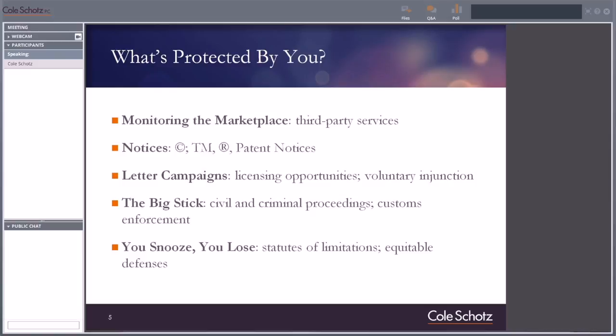So one of the more important and perhaps less intuitive aspects of letter writing campaigns is how to approach it. Are you sending a polite letter that's designed to send a nice message that no one will get too mad at you for?